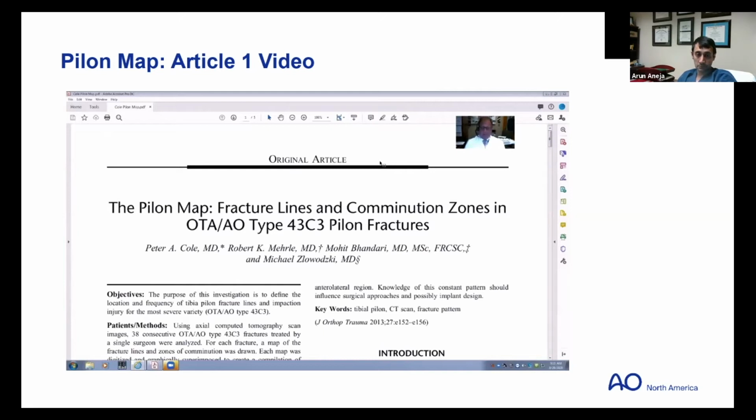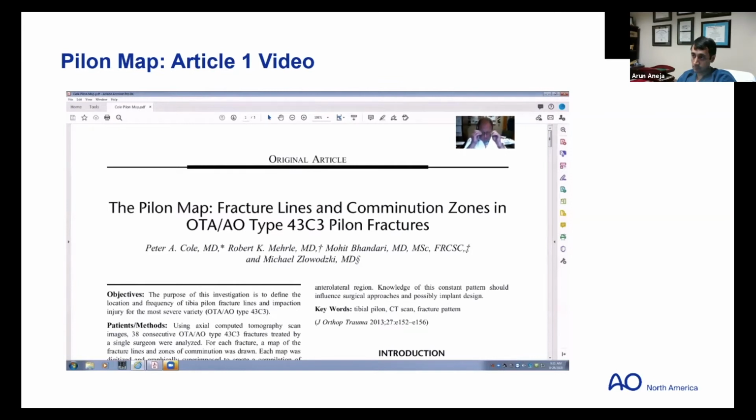Not so much to my surprise did I see things occur over and over, but I just didn't expect the consistency with which I saw it. Now, keep in mind in Jackson, Mississippi, in that period of time, we were dealing with 43C3 high energy Pilons in relatively young patients.